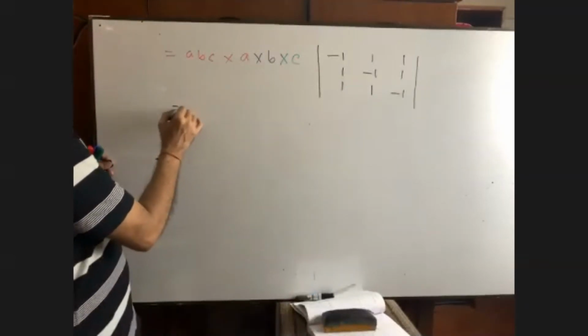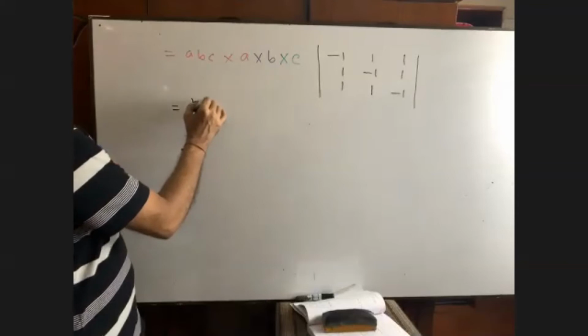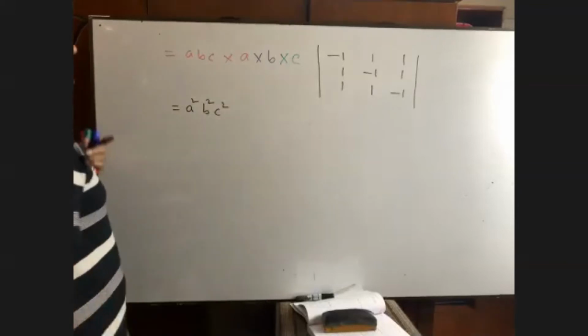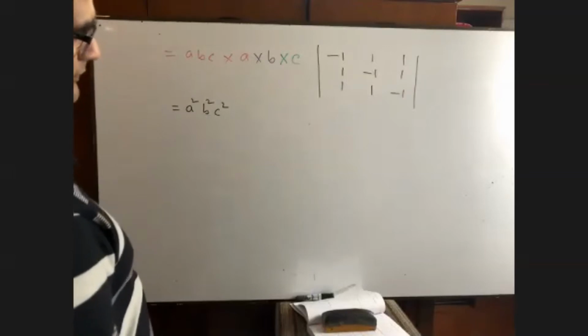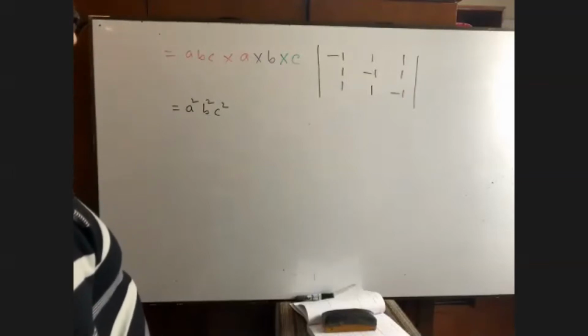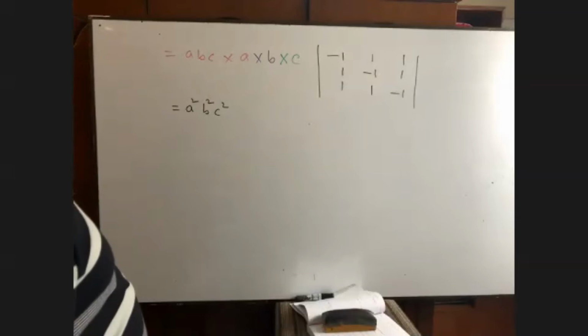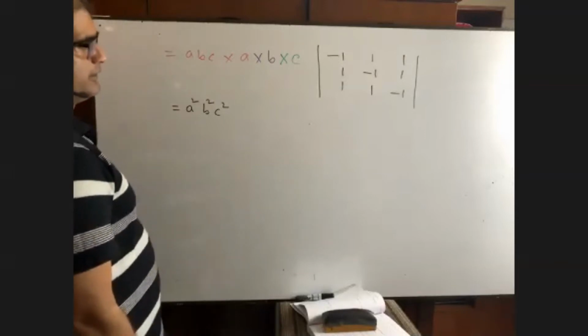Now, if we calculate it, we'll get A square, B square, C square. Okay? Is it okay? Yes, sir.